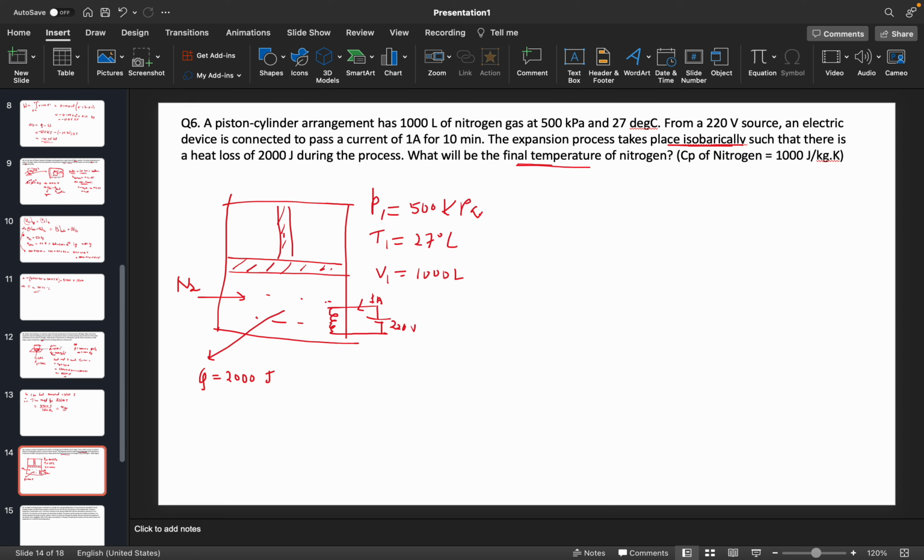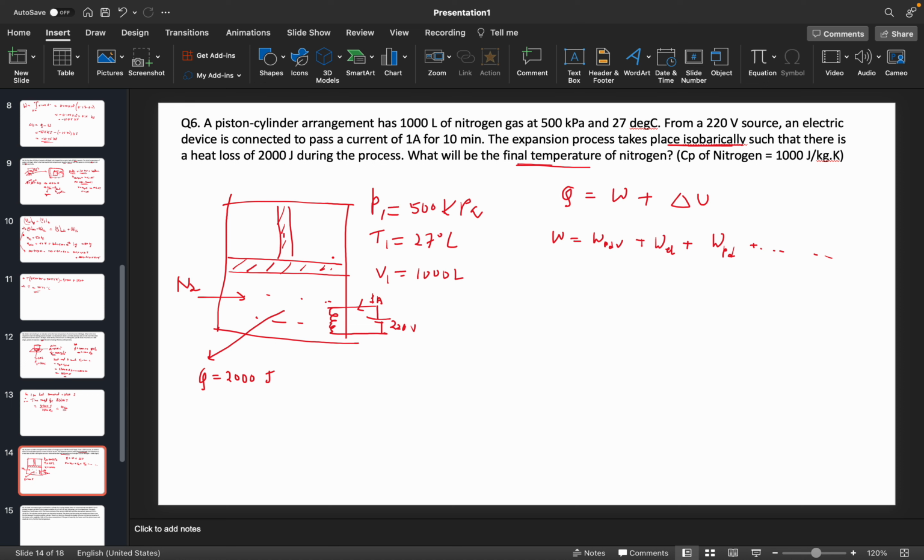So what will be the final temperature of nitrogen? That is our question. Now we will go from the first law of thermodynamics. Neglecting the kinetic and potential energy changes, we already saw that Q = W + delta U. This W contains W_PdV plus W_electrical plus W_pedal work and so on.